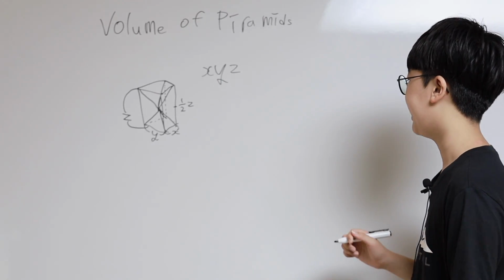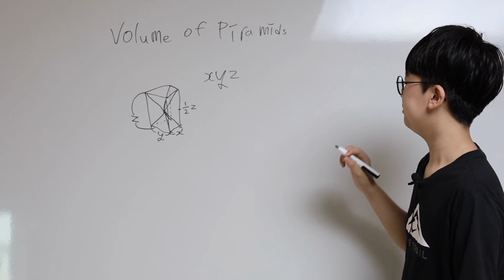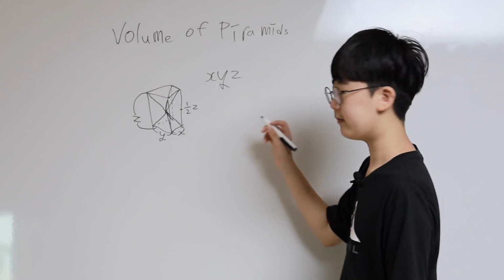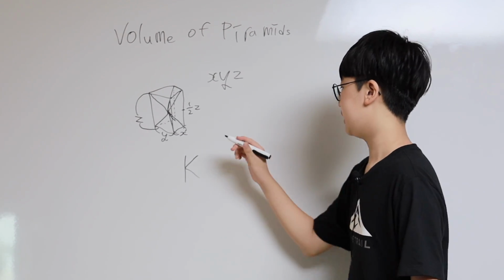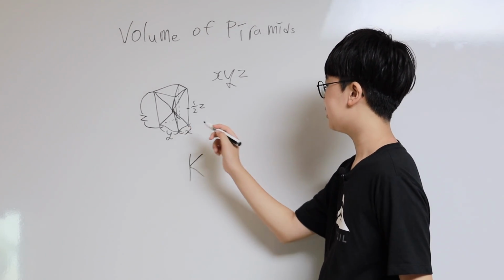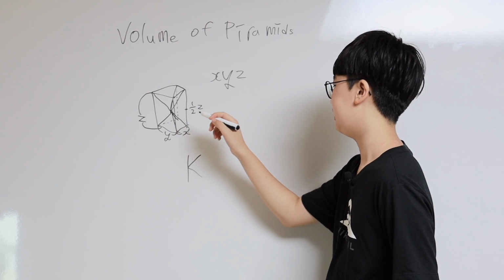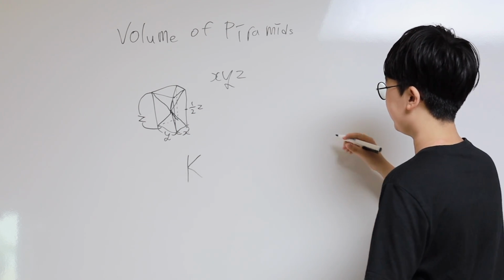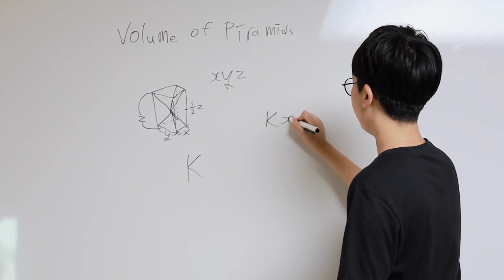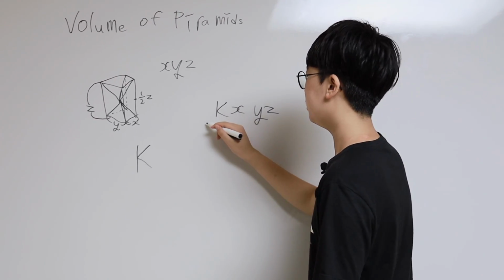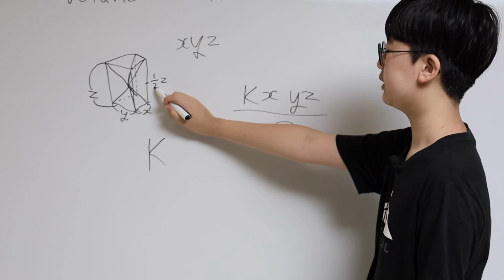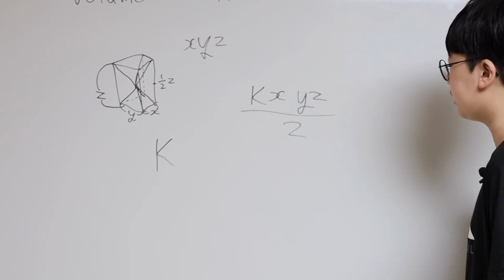Now we're gonna have a pyramid constant, and we are going to call it K here. So now the volume of the pyramid is going to be K, X, Y, Z divided by 2, because of the half thingy over there.